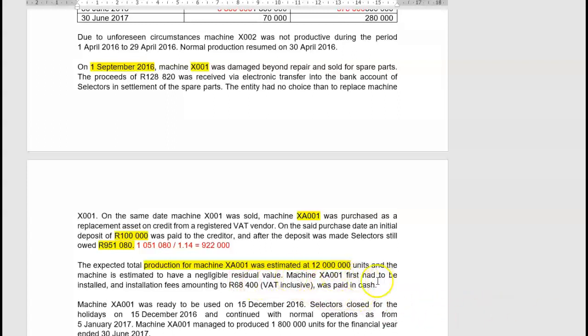Machine XA001 first had to be installed, and the installation fees amounted to 68,400 Rand VAT inclusive, and that was paid in cash.